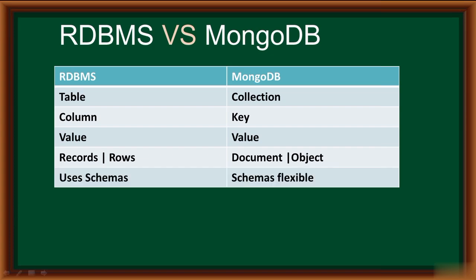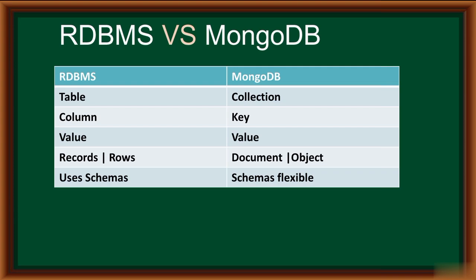Another key difference between the relational database management system and MongoDB is that with a relational database, the data models have to be in schemas, while in MongoDB, the schemas are flexible, so the collections do not enforce document structure.